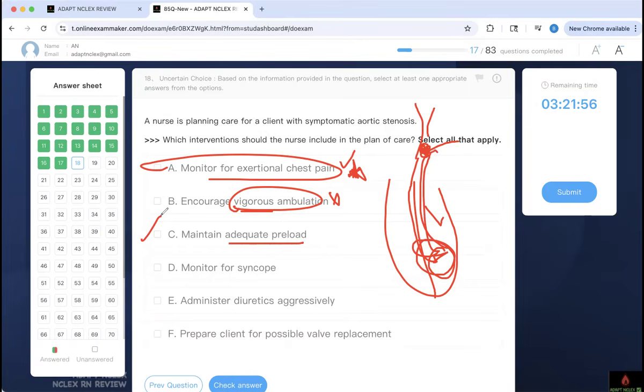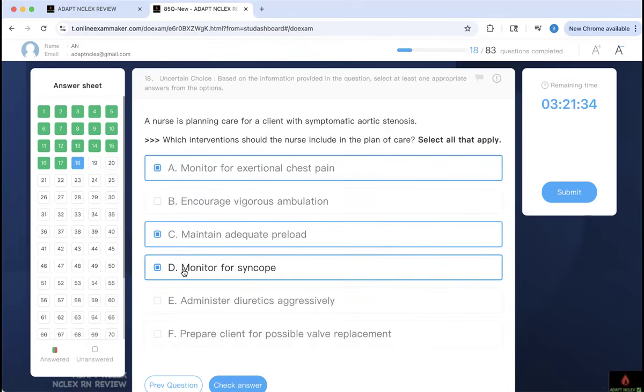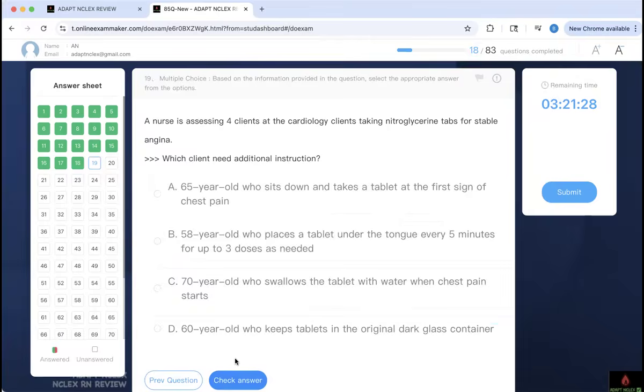We have to monitor for what? Syncope, because there's less blood flow out. If you give them a diuretic, it's going to decrease their preload, and they're going to have syncope. They may need possible valve replacement because severe aortic stenosis can lead to cardiac arrest. Therefore, these are very important answer choices. You have to think about it. You don't even have to memorize it.